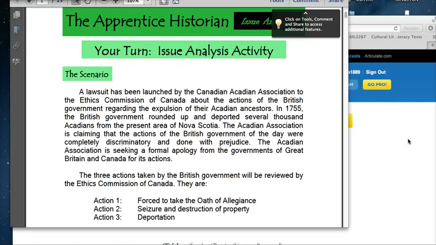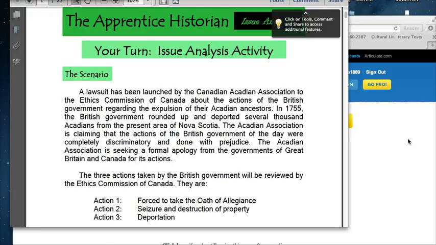In the apprentice historian activities that we're looking at, which are critical issues analysis, we are looking at the various actions taken by the British government in relation to the Acadian people. And in this handout that the class has been given, there are three actions that the students are looking at.